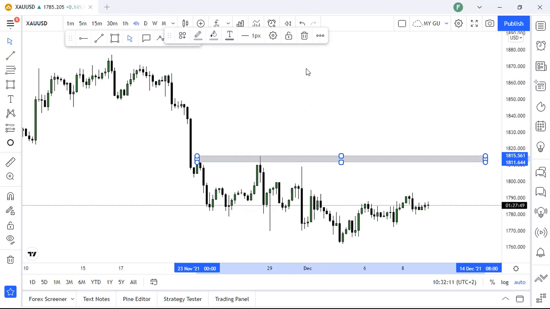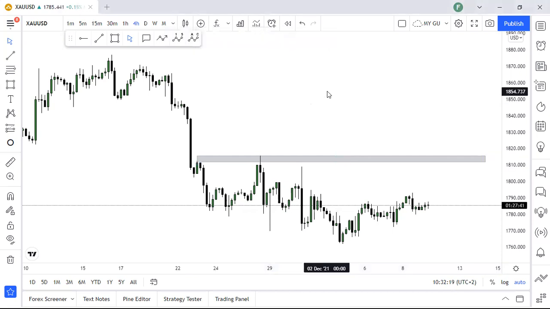So what I want to show you is, when you're drawing your boxes, yes, you can do your analysis using the box and everything. However, it's also the same as putting your lines. If you were to use a box, I would suggest you draw using the wick only.